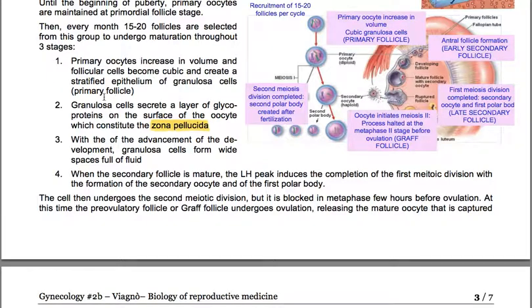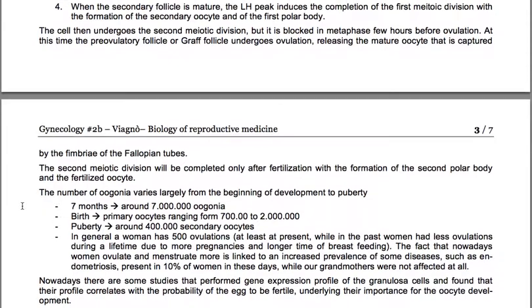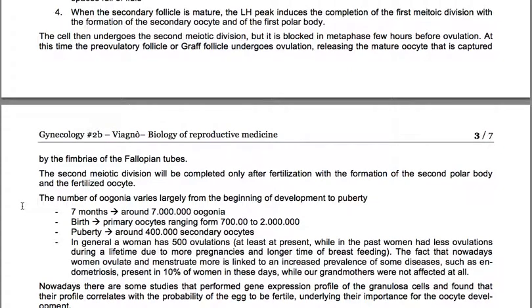And third stage, with the advancement of the development, granulosa cells form wide spaces full of fluid. Then LH peak, first meiotic division, formation of the secondary oocyte and first polar body.